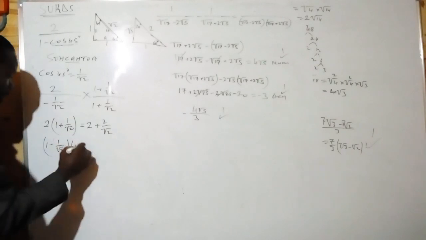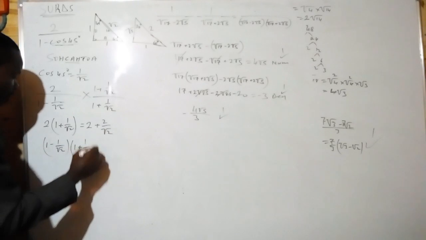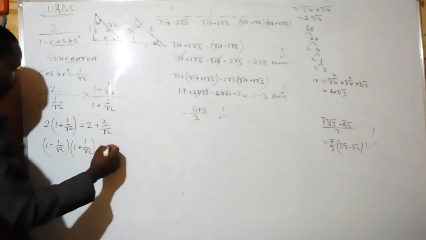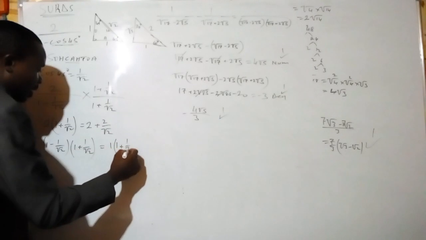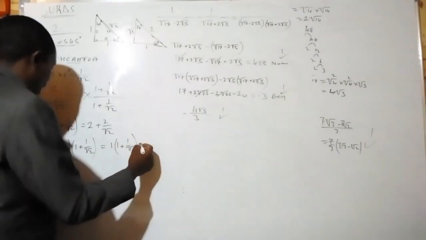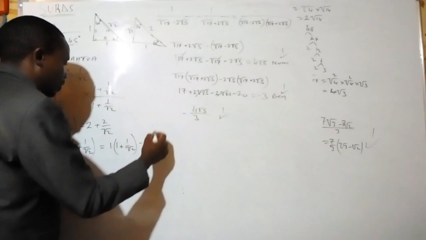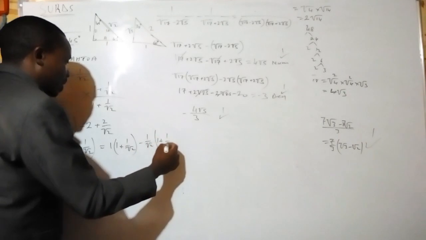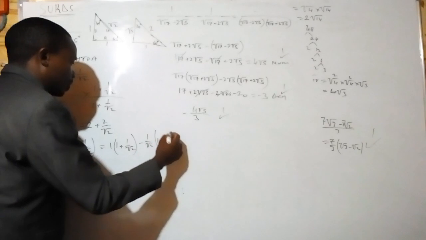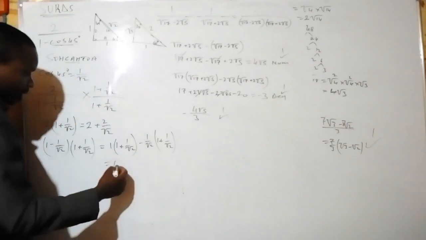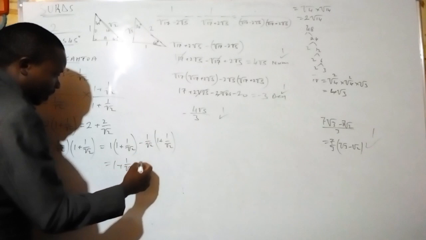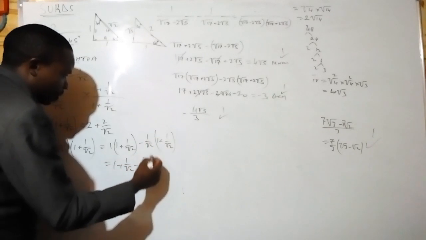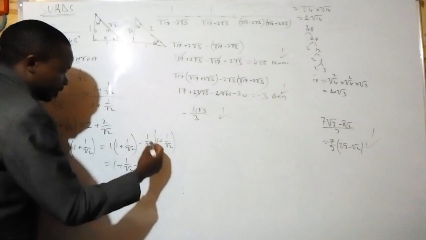We expand 1 plus 1 over root 2, minus 1 over root 2, 1 plus 1 over root 2. Once we expand, we get 1 plus 1 over root 2 minus 1 over root 2, negative, positive, negative, 1 over root 2 is 2.